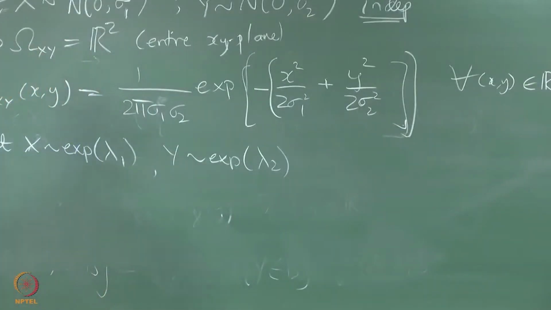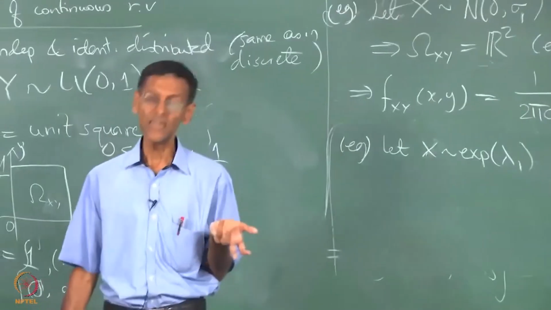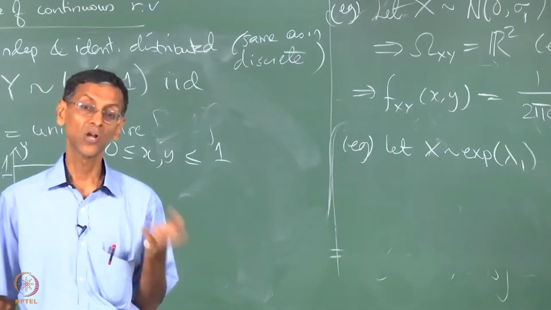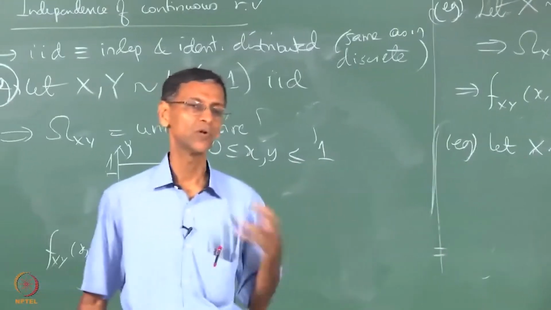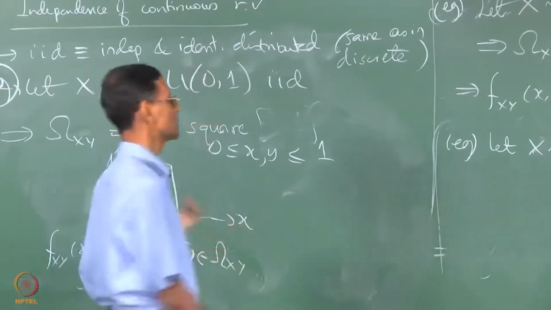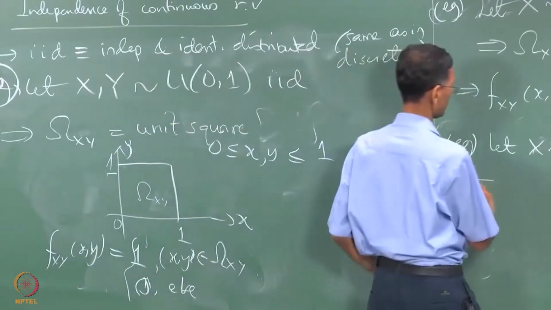This also is a case where the arguments of exponentials will combine. So what happens here, omega xy is only the first quadrant now, because x and y are both so called non-negative random variables. When they do not take negative values, you call them non-negative. So omega xy is the first quadrant.